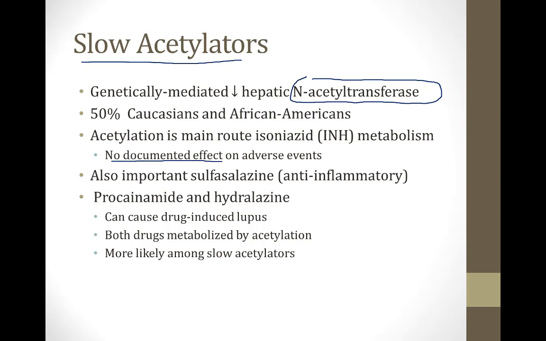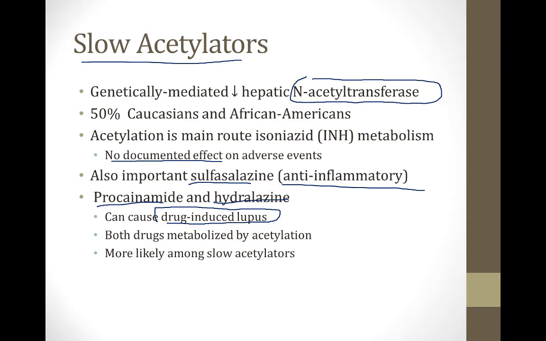Acetylation is also very important for sulfasalazine, an anti-inflammatory drug. And it's also very important for metabolism of procainamide and hydralazine. And you may know that these two drugs are two of the drugs that can cause drug-induced lupus. And since both drugs are metabolized by acetylation, people have looked at whether slow or fast acetylators get more drug-induced lupus.